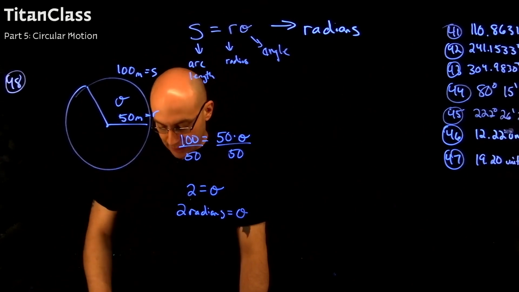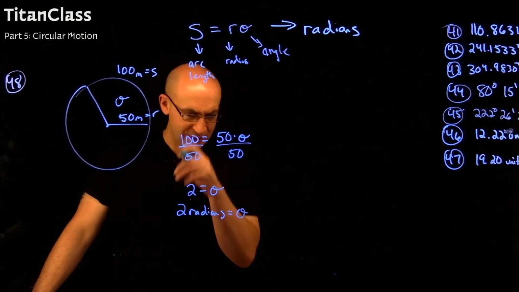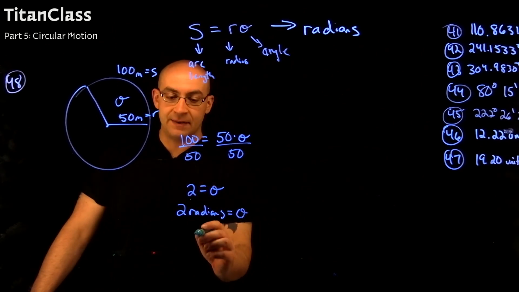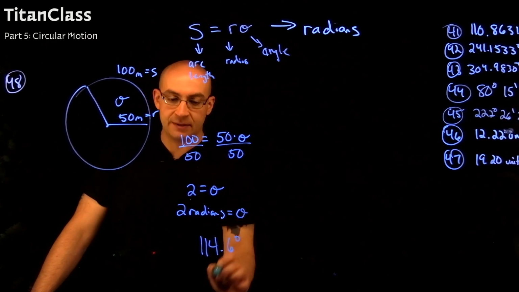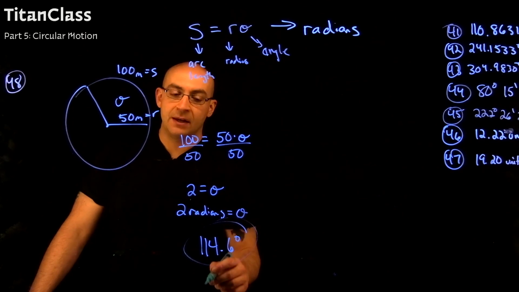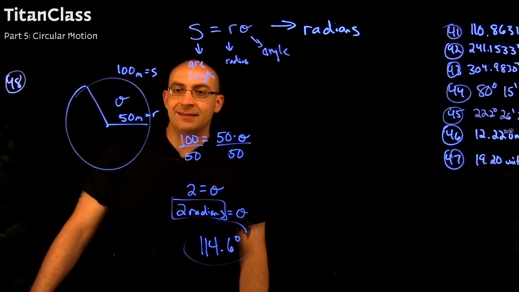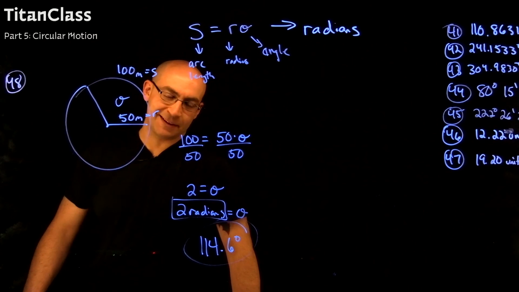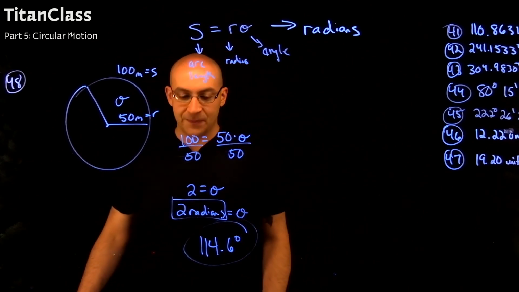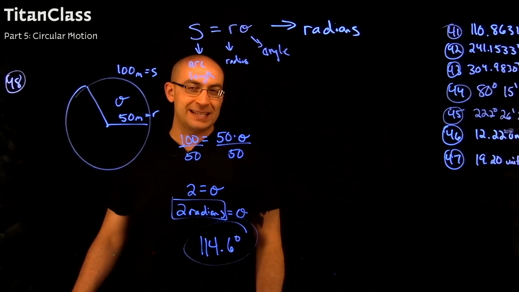So we're going to multiply the 57.3 times 2, and that's going to give us a value of 114.6 degrees. 1 radian is a little bit less than 60 degrees. We just multiply that value by 2, and that's going to give us 114.6 degrees.